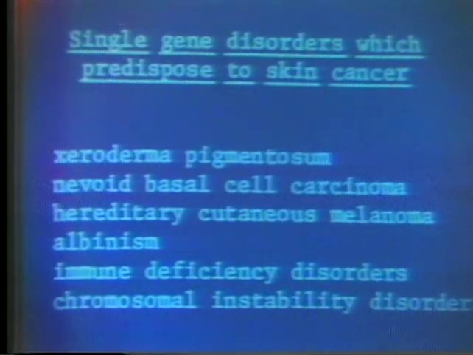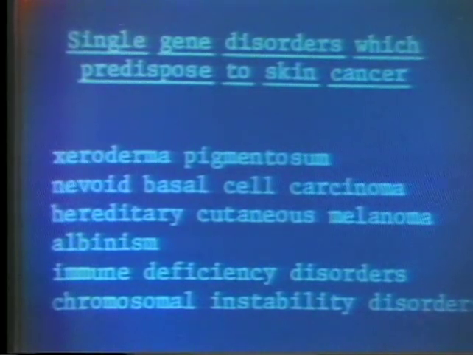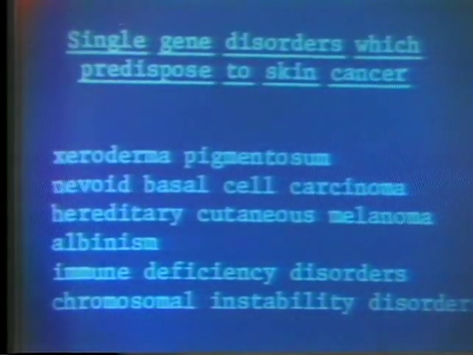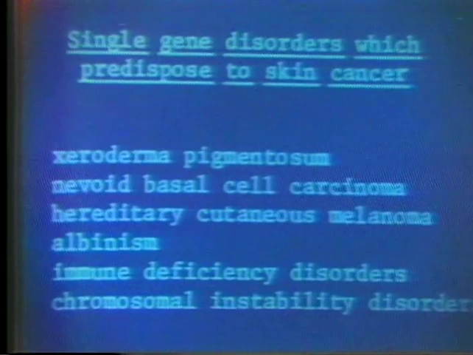The nevoid basal cell carcinoma syndrome. This is a dominantly inherited systemic disorder which includes a high frequency of basal cell carcinomas. It's a rare disorder, but if you look within the disorder, the systemic disorder can occur as frequently in whites as in blacks.